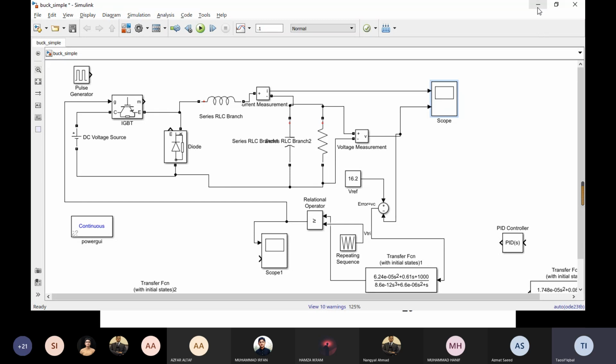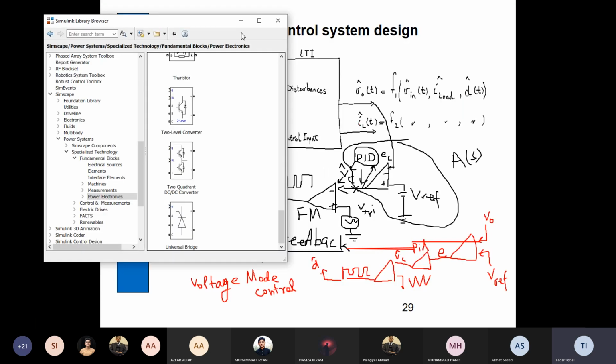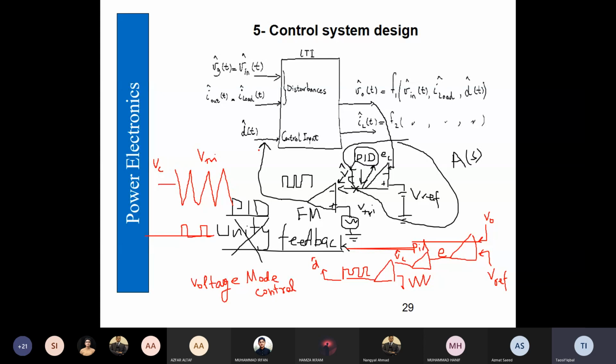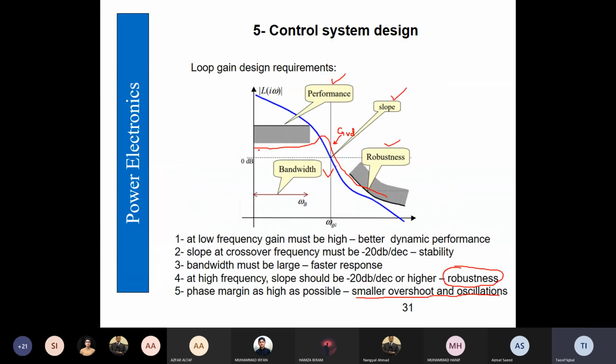Okay, so let's now use MATLAB to find out how we design the controller. Once we design the controller, the closed loop Bode plot becomes like this blue line. The red line indicates the power stage transfer function.